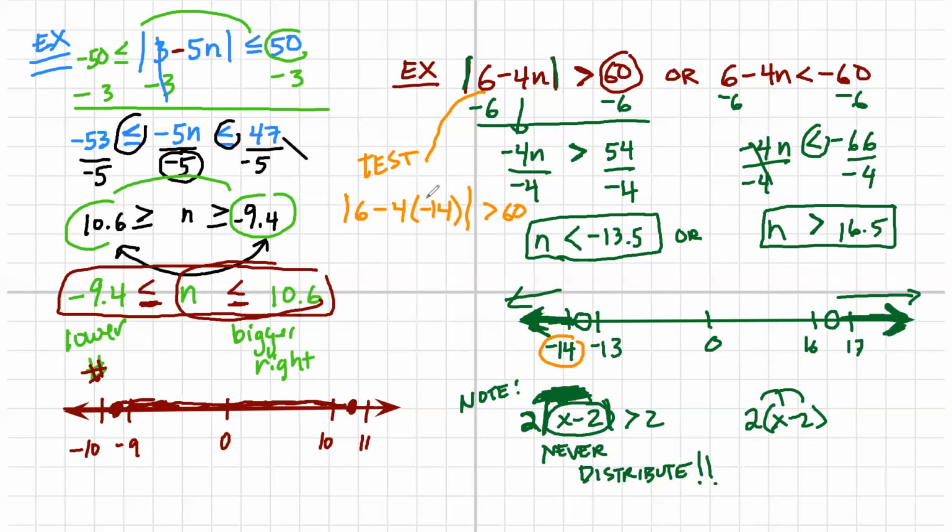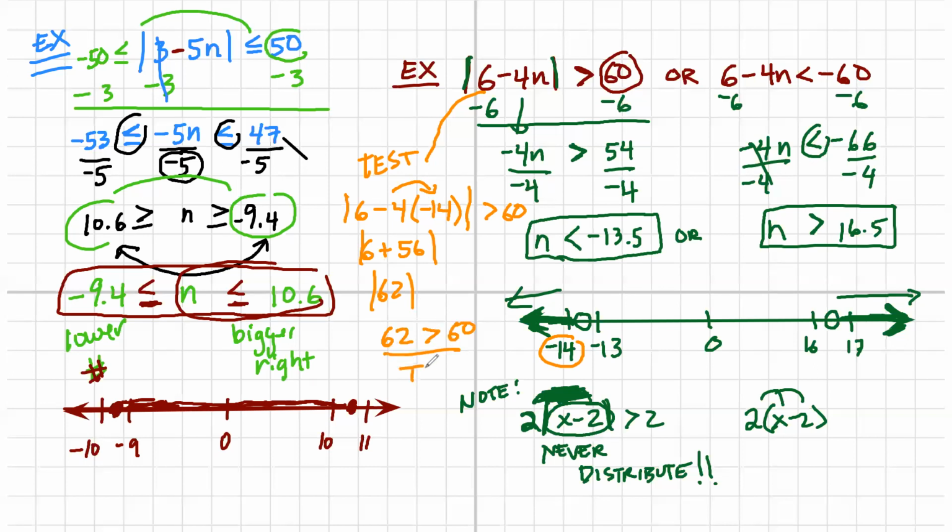Okay, 4 times 14, I put that in my calculator. 4 times 14 is 56, so -4 times -14 is positive 56, so 6 plus 56, absolute value of that. This is 62, absolute value of 62 is greater than 60.